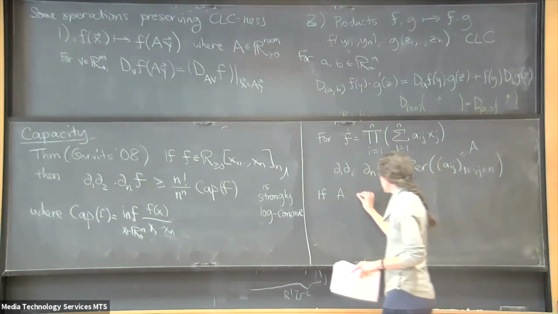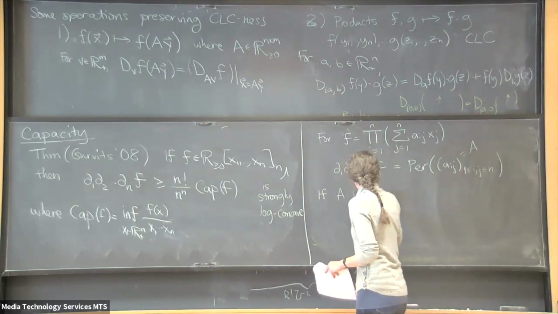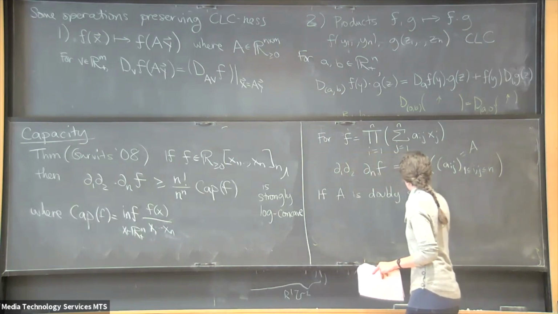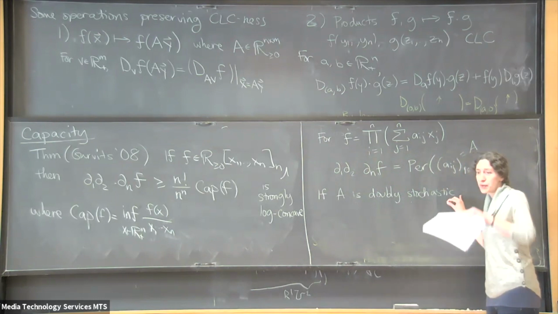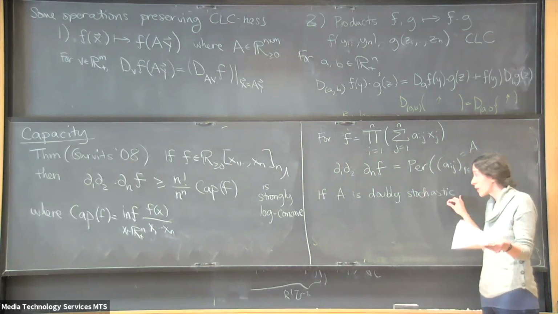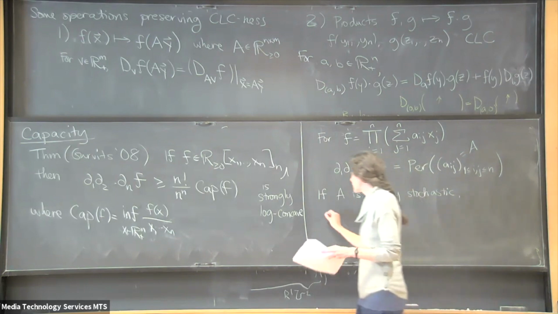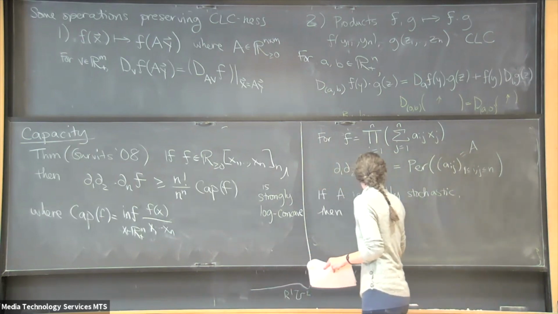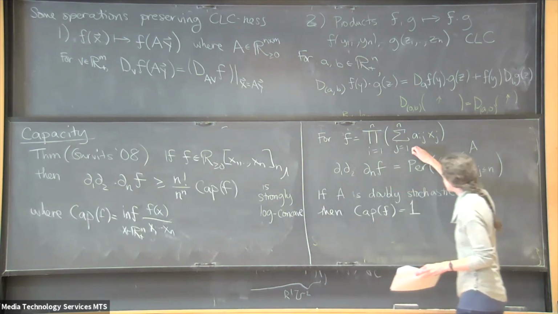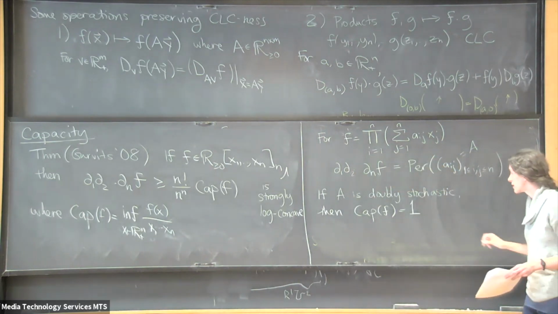And moreover, if A is doubly stochastic, so non-negative entries, and both the row sums and the column sums are 1, then he showed that the capacity of this polynomial, this product of linear forms, is equal to 1.